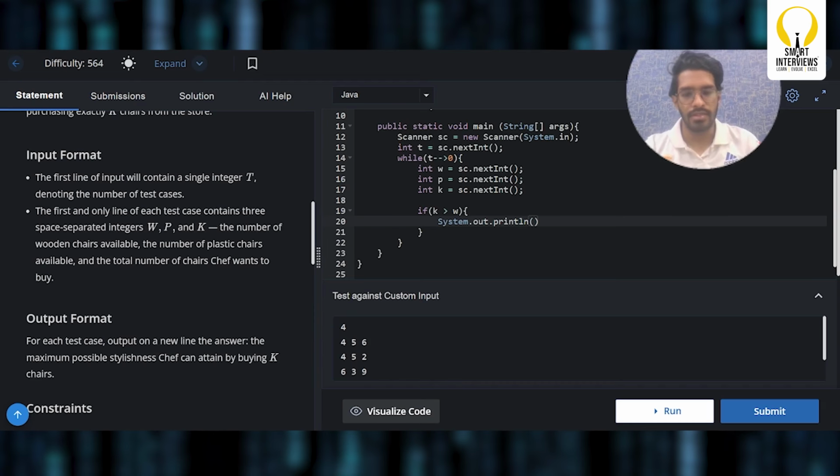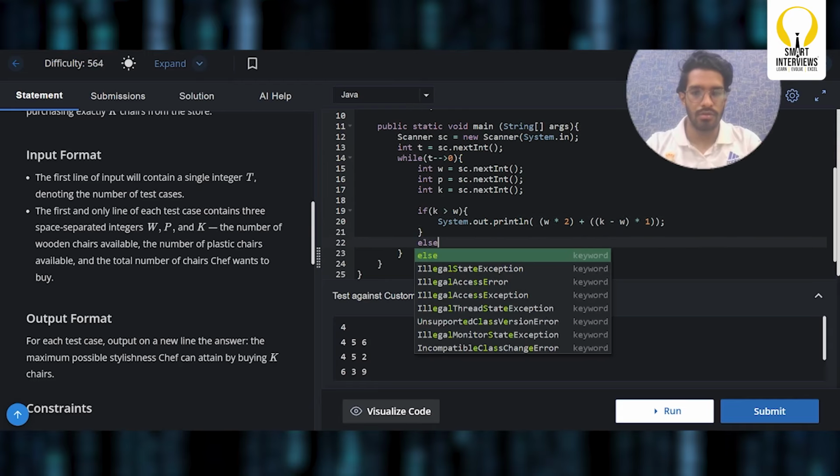So we can simply write it as: you will pick up all the wooden chairs that are present, plus you will be picking up exactly k minus w number of plastic chairs. It is simply multiplied by 1 here, but we can ignore it because it is irrelevant. I'll still write it because it makes the code look clean.